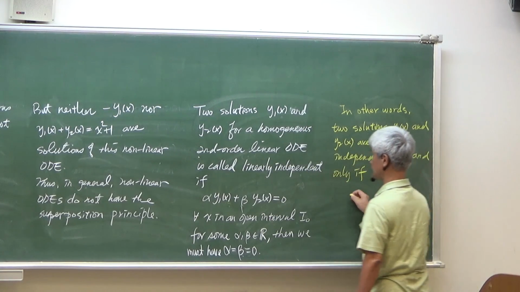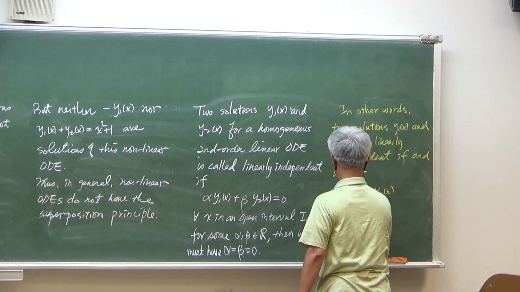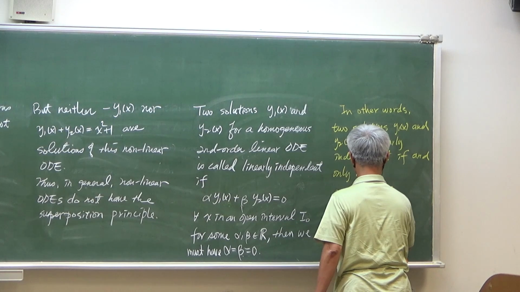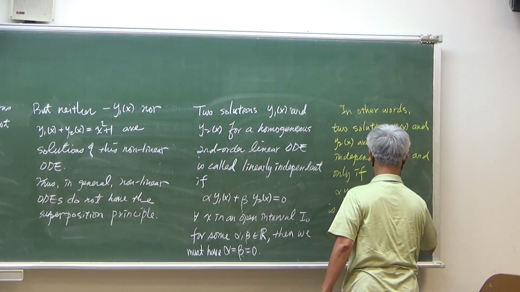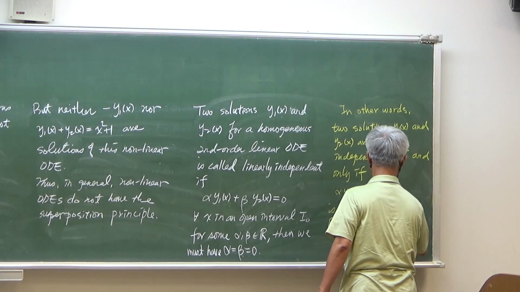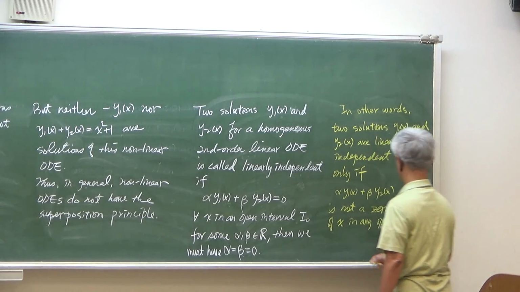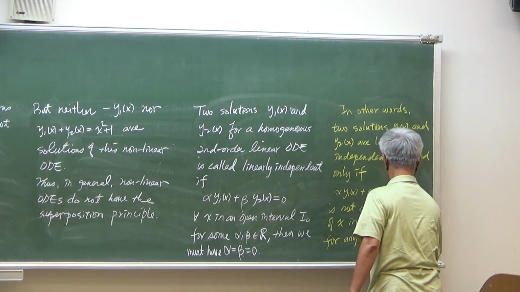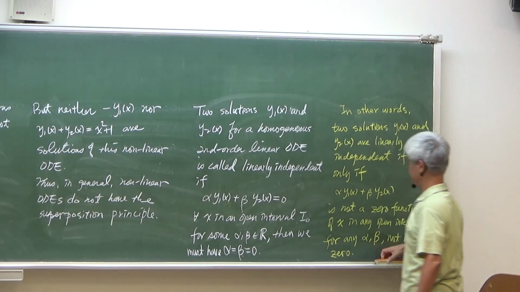Equivalently, alpha y1(x) plus beta y2(x) is not a zero function of x in any open interval, for any alpha, beta not both zero. Okay?